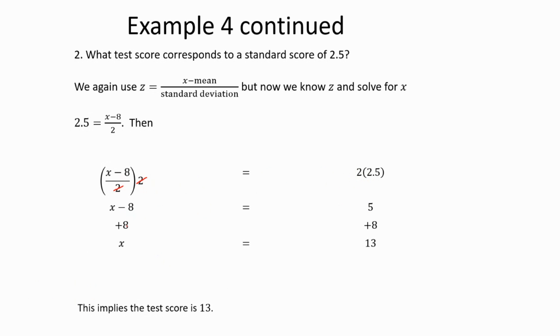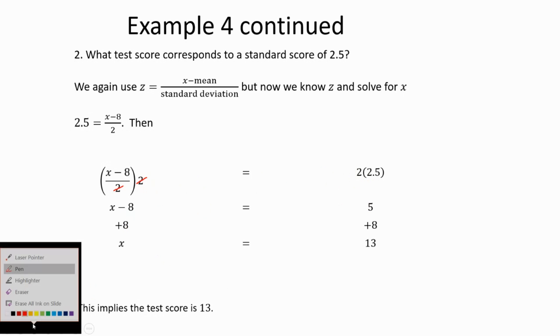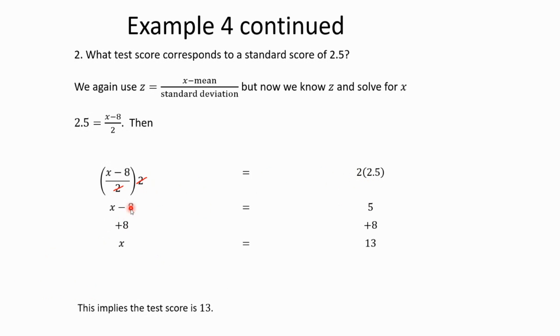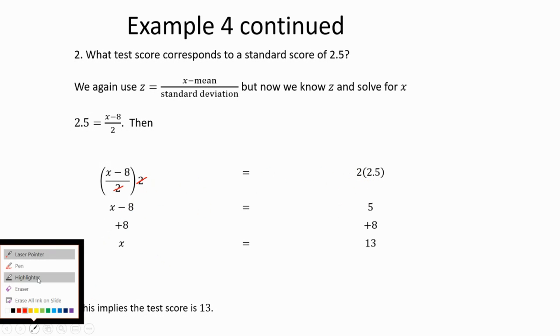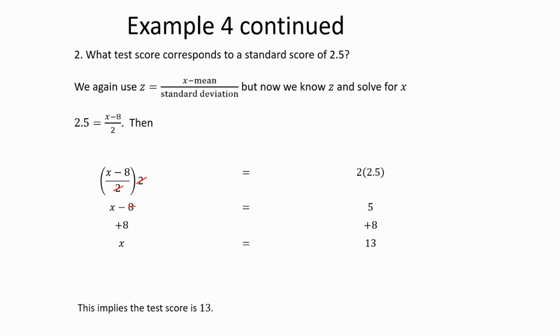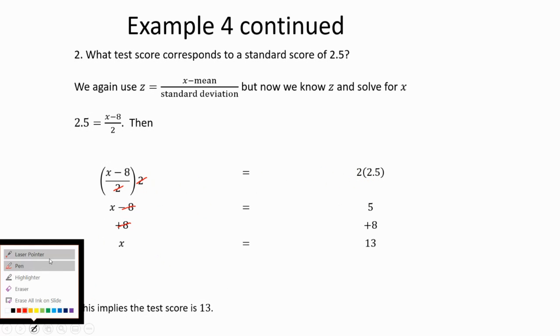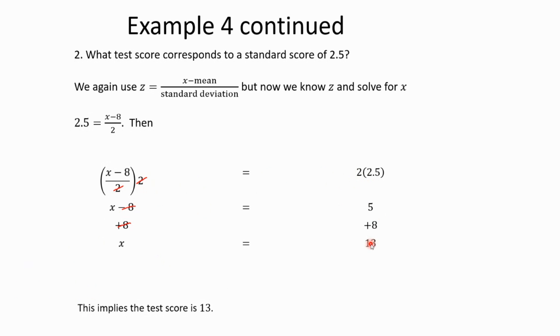How do we get x? We add 8 to each side. Because now the 8s are going to cancel. As you can see, we get x all alone on the left. And on the right, we get 13.